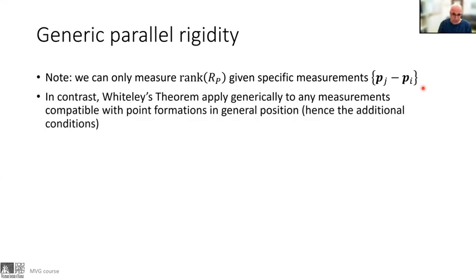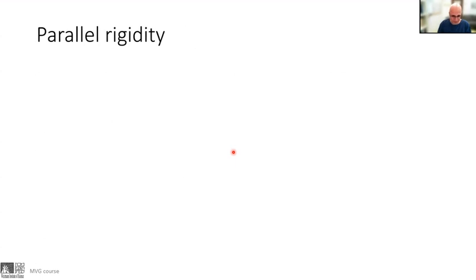Because of this, the theorem that I showed you before, which applies generically to any graph without specific point formations, needs the second condition, which told you that also subgraphs, subsets satisfy this constraint, if you remember. Let me go back just to remind you.